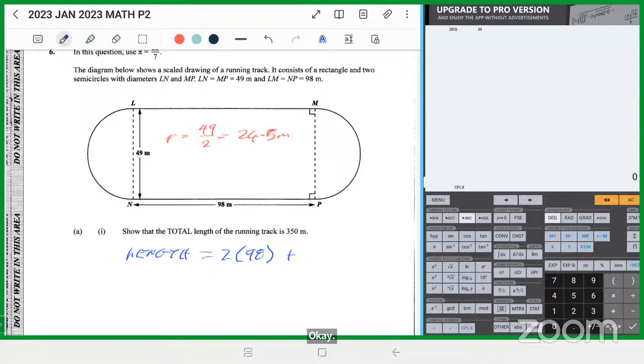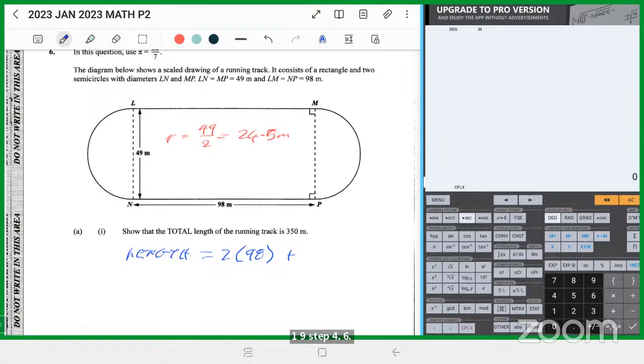Code is 194,916. 194,916. All right, so about that, guys.